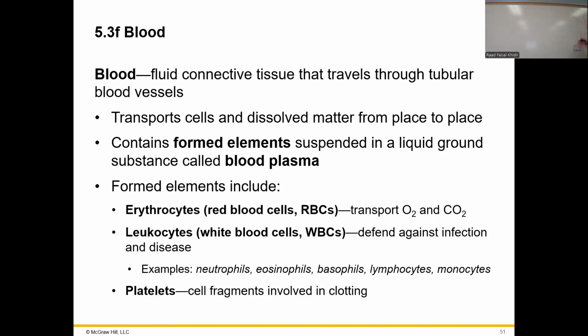Above it is about 1%, or even less than 1%, of my blood, and that is known as the buffy coat. This buffy coat is comprised of 2 types of cells: white blood cells and platelets.